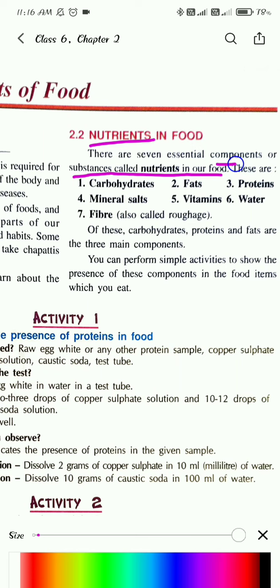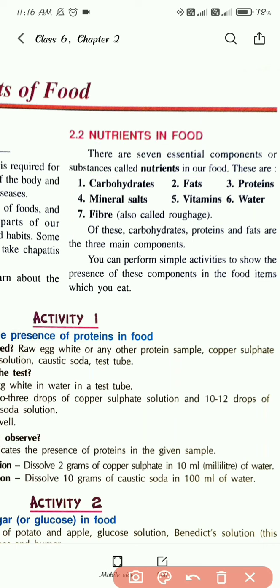What are the nutrients present in our food? The first one is carbohydrates. This is the first nutrient present in our food. Then what is the second nutrient? It's fats. Then the third one, protein, mineral salts, vitamins, water, and fiber. We also call fiber roughage.